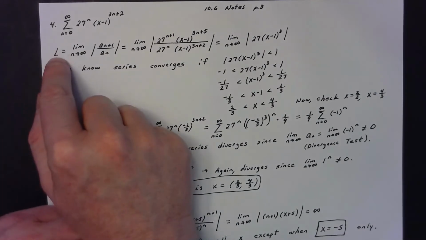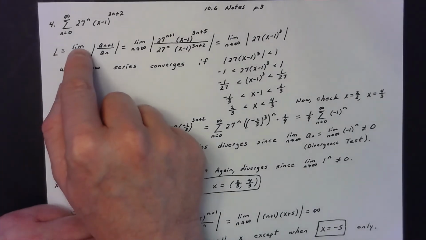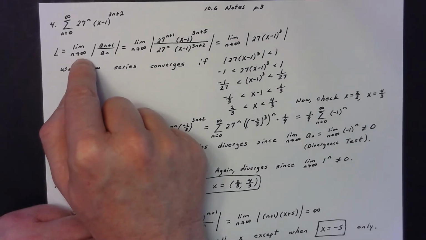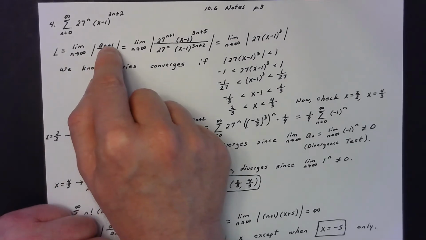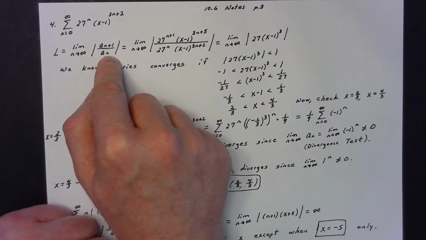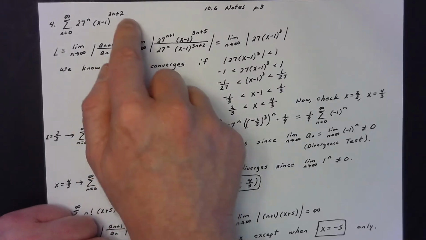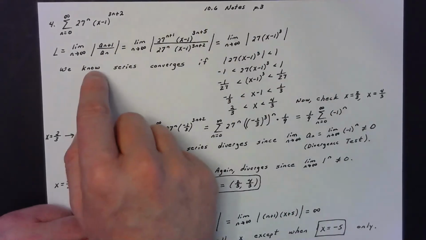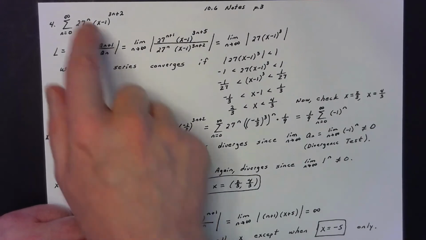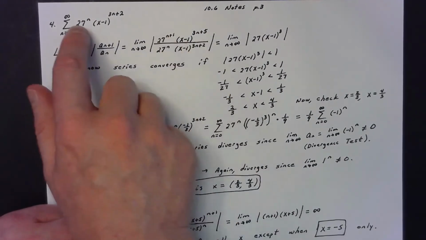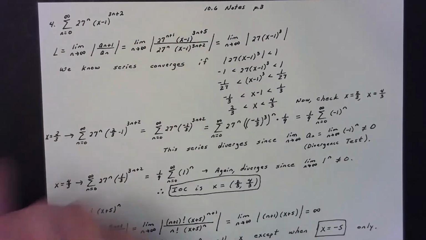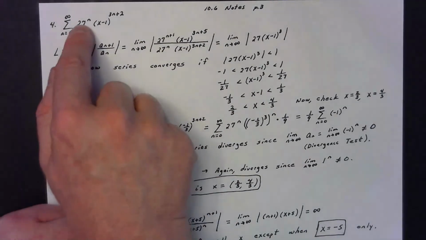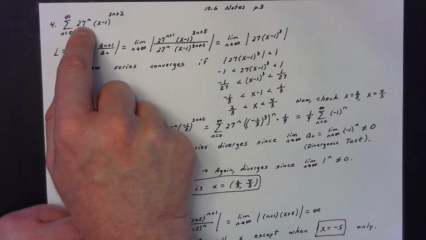I know my ratio test says to take the limit as n approaches infinity of the absolute value of the a sub n plus first term over the a sub nth term. I didn't simplify it out up here like I did in the other ones, because I can just do my fraction all in the numerator, instead of having to multiply by the reciprocal, since there wasn't any fraction in the initial problem.